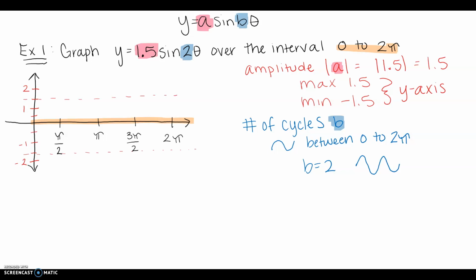And then the last thing we need to know is the period. The period is going to find the halfway mark of this. And we said to find period, we do 2 pi over b.